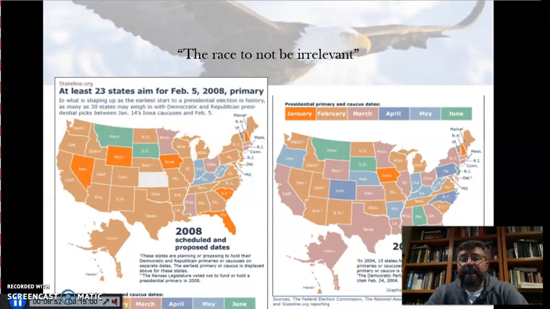Now you'll notice that Montana is this kind of greenish color, which means June, which means we're just about last. That's the fourth strategy for being irrelevant. Montana, we recognize, okay, we're a small state, number one, so no one really pays attention to us. Number two, we're not first, and so we can't play that game.